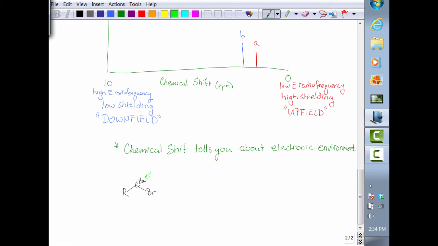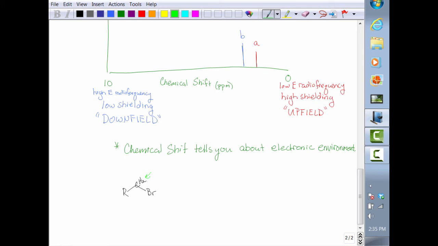Where on your spectrum is that CH2 that's attached to the bromine? Can anyone give me an educated guess where that's going to be? Is it going to be most downfield or most upfield? Is it going to be most shielded or unshielded?